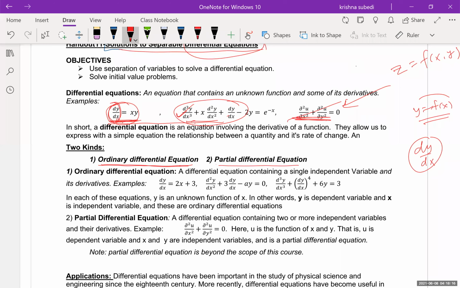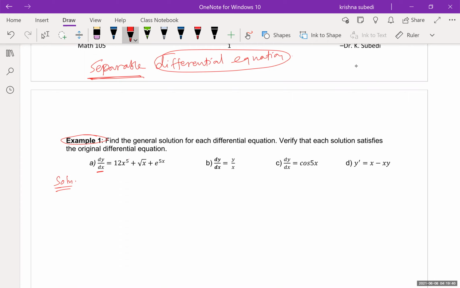Clearly, this is an equation, and this is a differential equation because it has a derivative. Now, when you try to solve a differential equation, the first thing you ask yourself is: can we separate y and dy on one side of the equation, and x, dx, and other numbers on the other side? That's the first question you will ask yourself, okay?